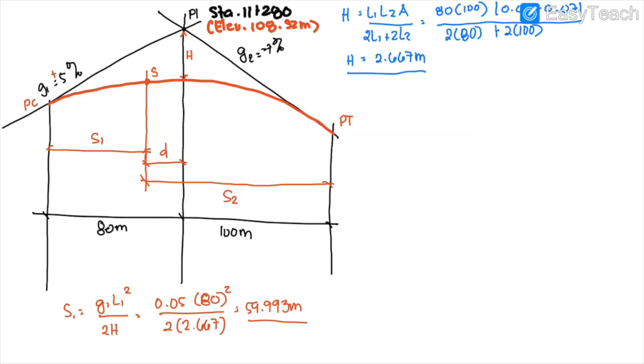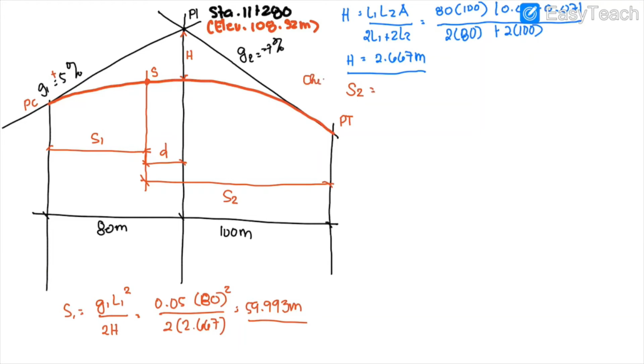Kung yung S2 ay lalagpas sa S1 or kukulangin siya. Okay? Such that S2 should not be more than 100 meters para ma-determine natin kung sino mas mahaba at mas maikli. The summation of S1 and S2 should not be more than 180 meters.